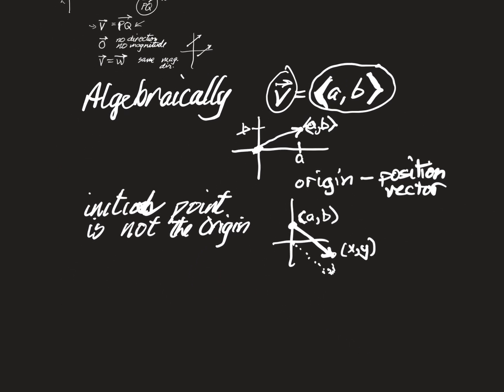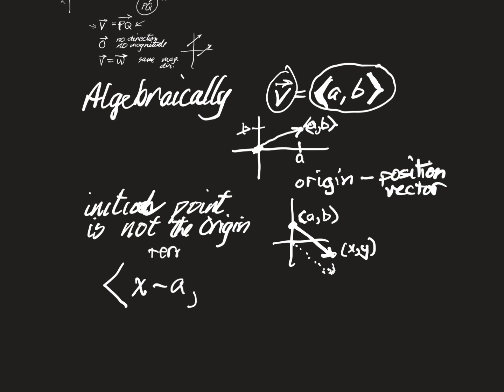Well, all we have to do is take the initial and terminal point, and you take the terminal point value, x, and you subtract a. So you take the x coordinates in their initial and terminal points and subtract them. And make sure it's always the terminal minus the initial.